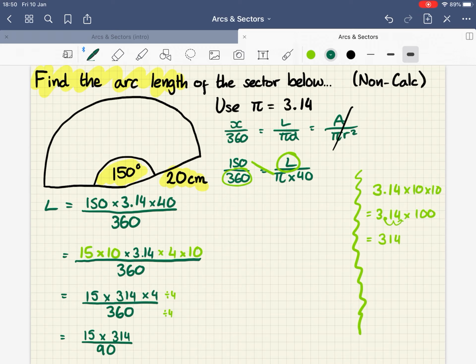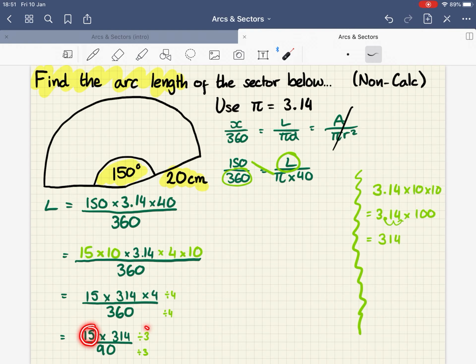And then I want to try and simplify it a little more. So I know certainly 3 fits into 15. 3 fits into 9, so 3 must fit into 90. So I'm actually going to now divide the top and the bottom by 3. But make sure when you're dividing the top part, you're only dividing one of the numbers by the things out here.